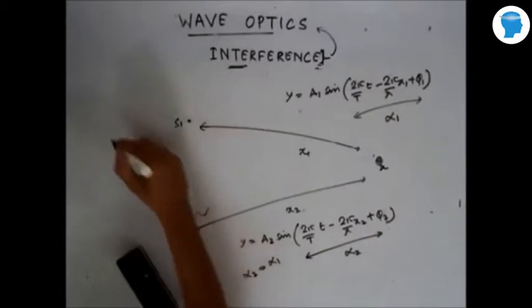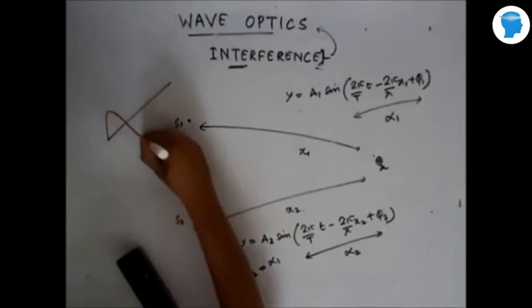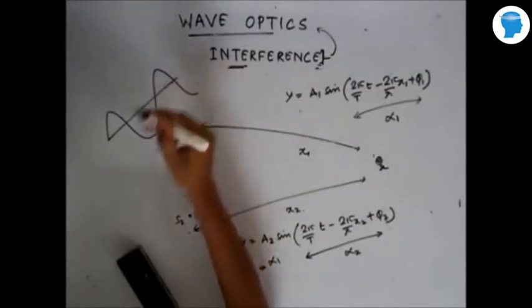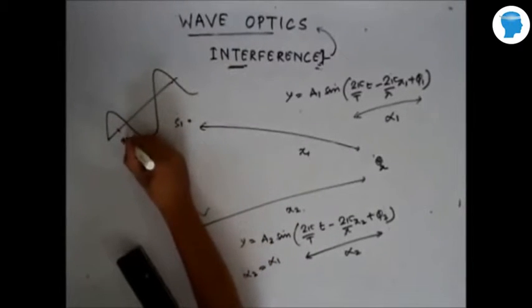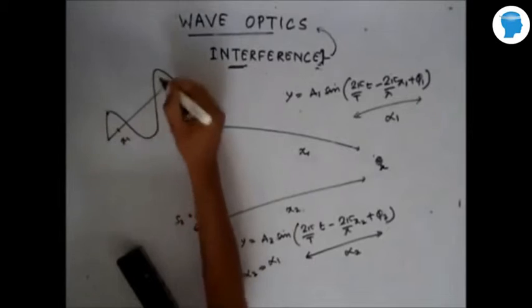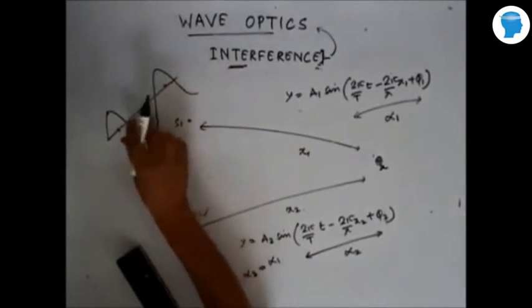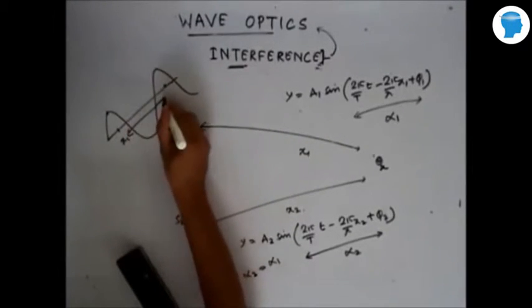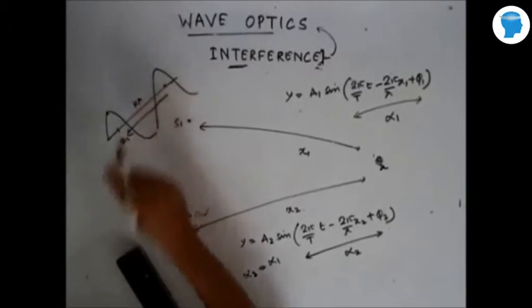No. See, as I told you, if this was the point x1, then particles at a distance of k lambda were in phase.